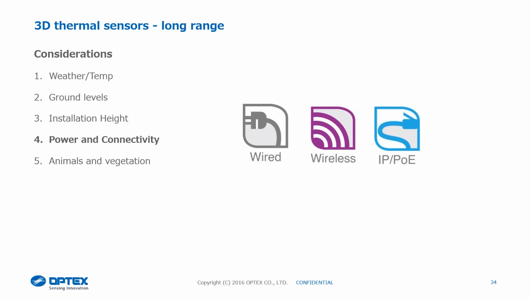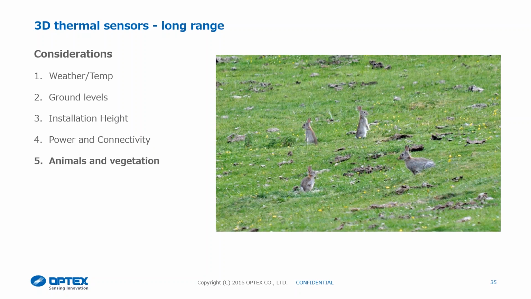So animals and vegetation, we've already covered the vegetation side of things, but on the animals, you do need to bear in mind that these detectors can pick up a human being crawling along the ground. So that's one of the advantages. One of the disadvantages is if you get 4 or 5 or more rabbits in a particular area, then potentially you're going to get that as a false alarm cause. There's always a fine balancing act with any kind of external detection between capture rate and false alarm resistance.